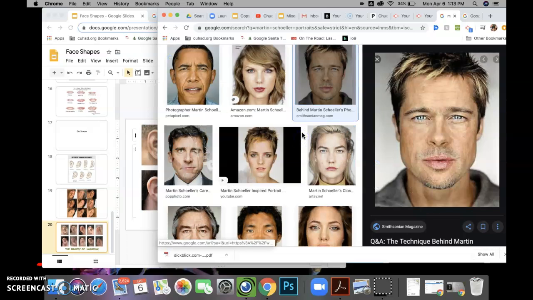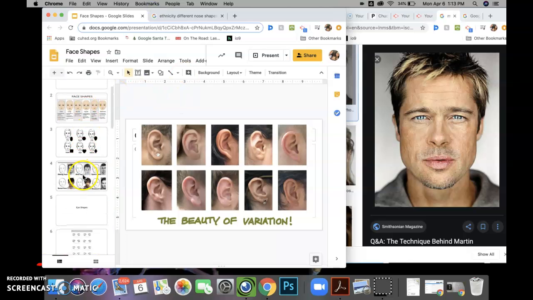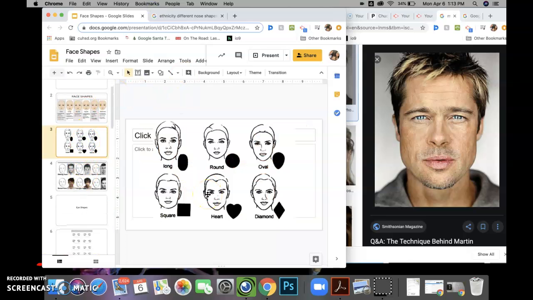So let's start out with good old Brad Pitt. Okay, so for his face shape, let's go back up to face shapes. I think this is going to help us. So if we take a look at his face shape, it's definitely not a rounded face. He has a very strong chin and quite a strong jawline.